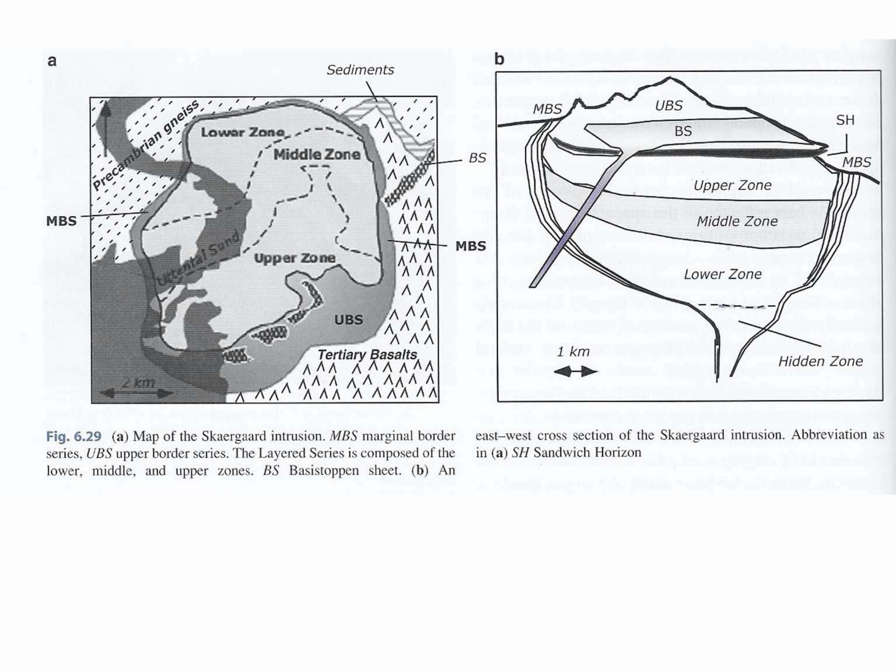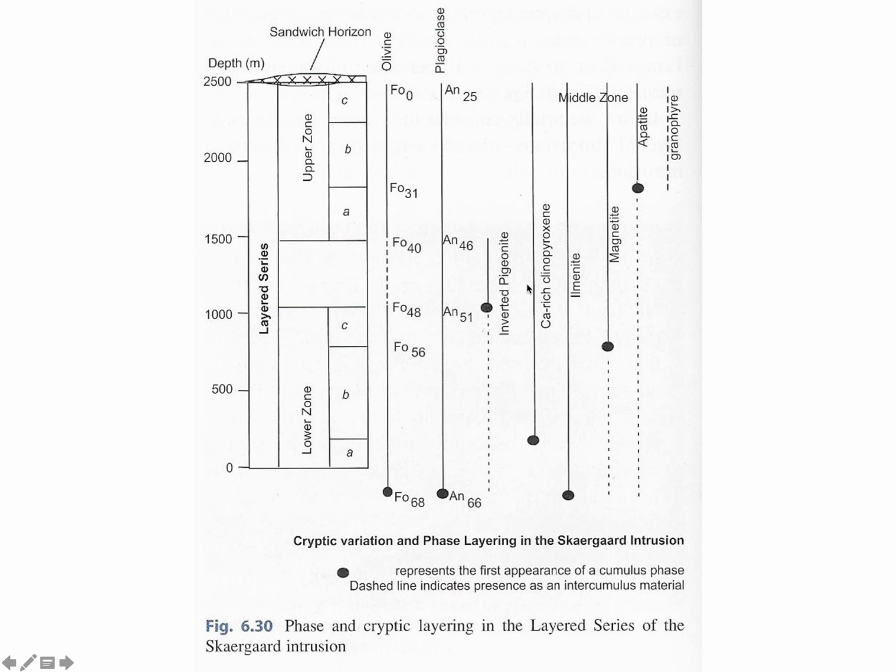Here we have the upper zone, the middle zone, the lower zone, and here we have a hidden zone, and that is the MBS, the marginal border zone, where this hot melt from the intrusion itself got in contact with the surrounding country rocks. So, and that is then a layered intrusion.